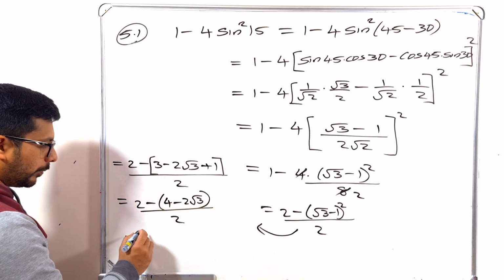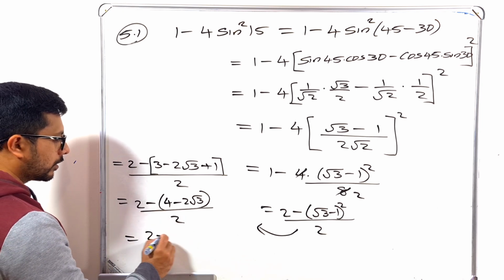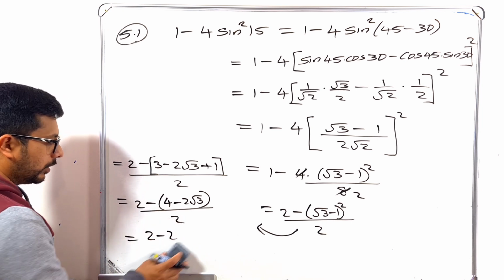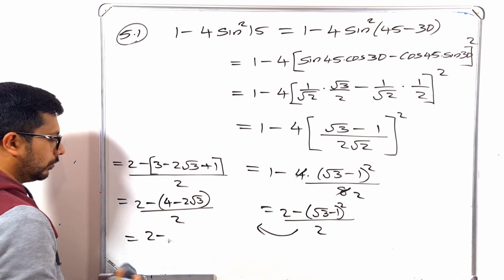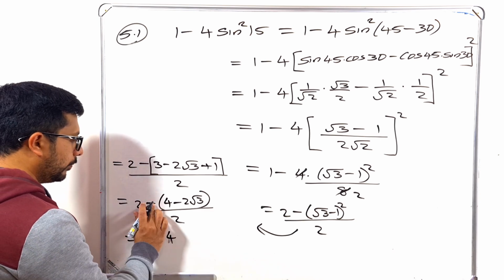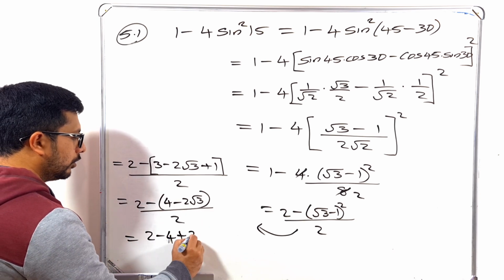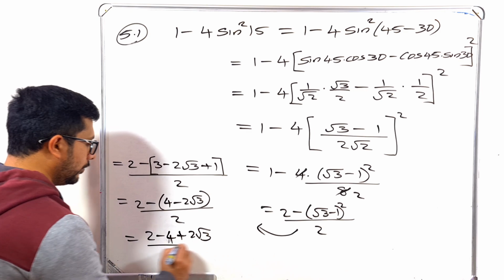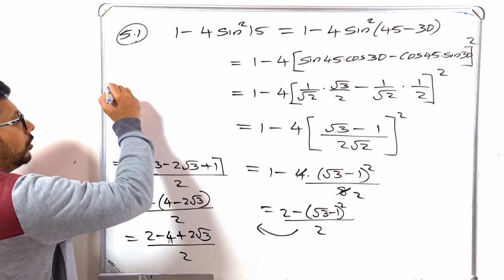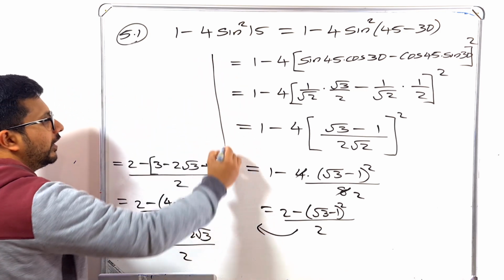So now expand the bracket. 2 minus 4, minus into minus is plus 2 root 3 divided by 2. So let me write this one here.